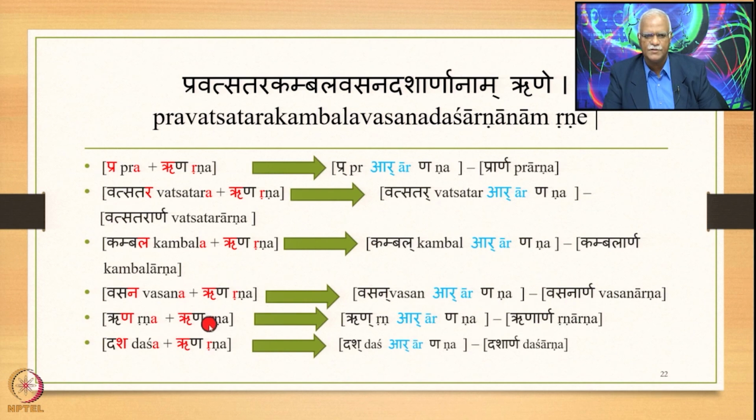Then we have Rana plus Rana, and the output generated is Ran arna, Ranarna. And finally, Dasha plus Rana, and we have the output Dash arna, Dasharana. All these examples are exceptions to 6187, which would otherwise generate ar as the substitute. But this statement specifically takes care of these examples in which Vriddhi substitute has taken place.